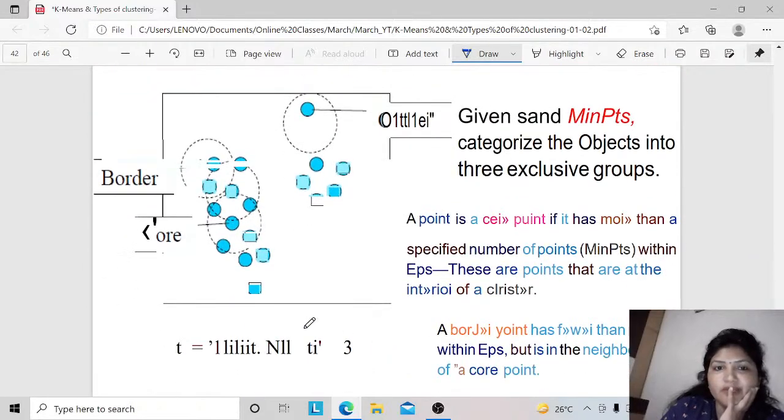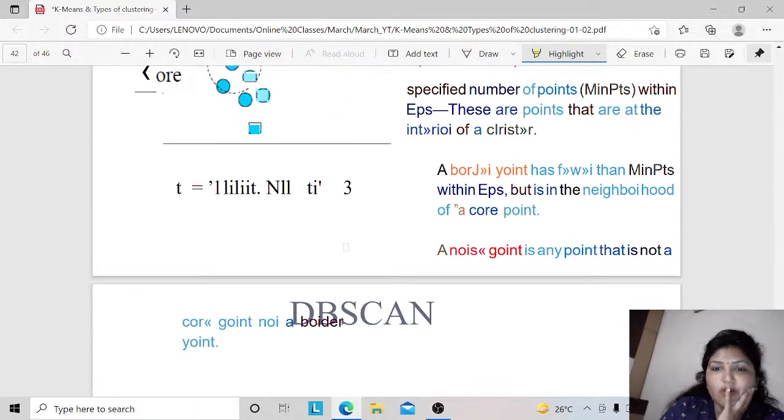Here this would be my 1 point, and then we have taken epsilon, and it might be possible there are some border points and there might be some outliers also, which are not reachable from any of the clusters. So it would be my noisy point, right?